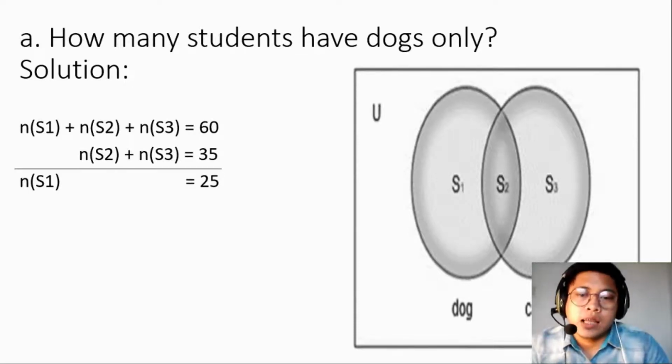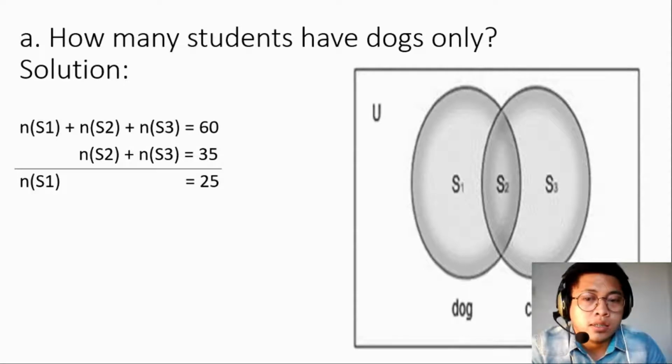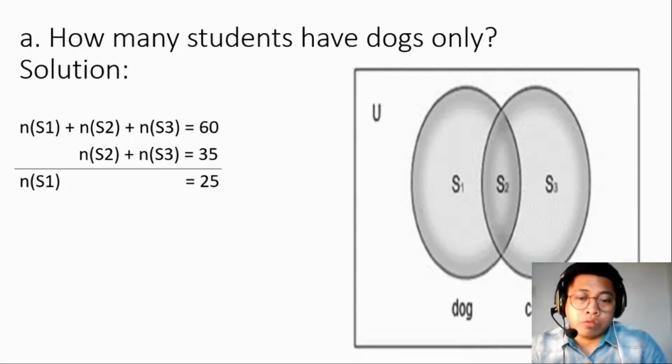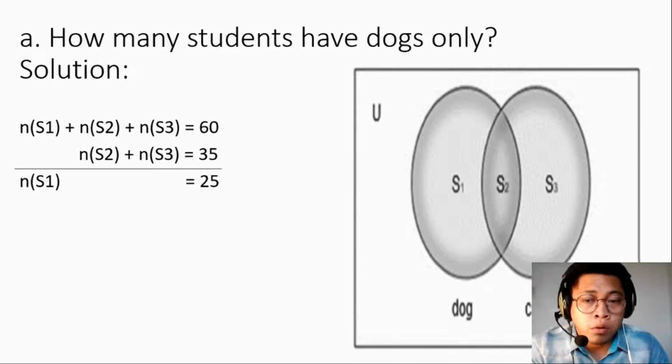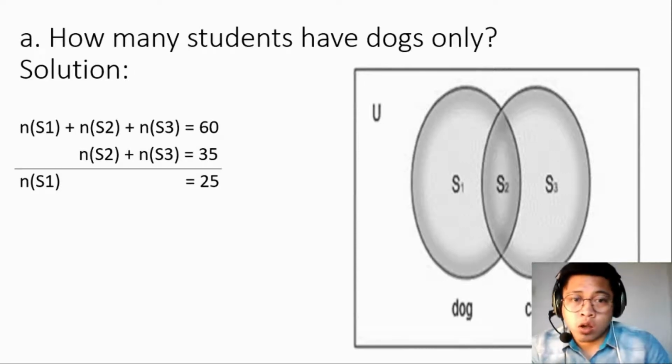So from that, let's subtract the number of students who own cats from the total number of students in grade 7 charity. So 60 minus 35 is equal to 25. And that 25 represents the number of students who have dogs only.